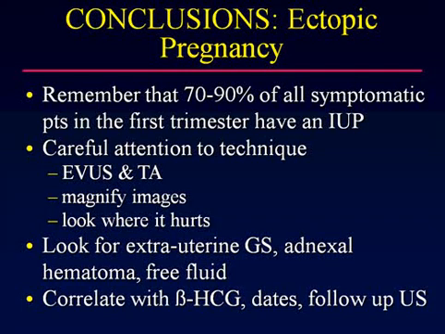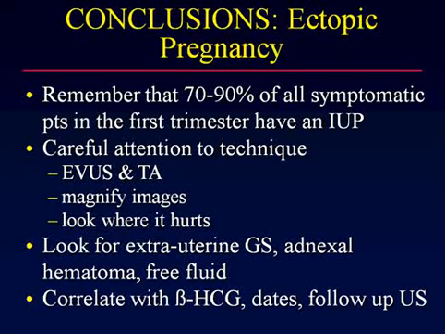Turn it 90 degrees to see if you can identify the tubular configuration, magnify it, use color to see if you can see the yolk sac, use color Doppler to see if you can see trophoblastic flow, and don't forget to look for free fluid both in the pelvis and in the upper abdomen.